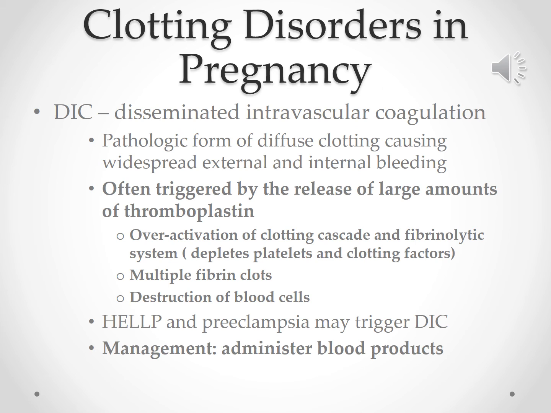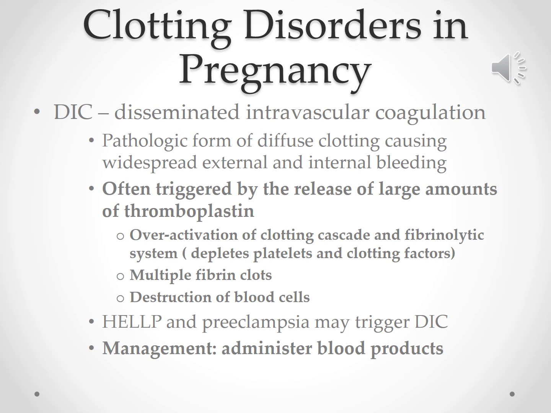The multiple fibrin clots that are formed strangulate the red blood cells as they try to get through the fibrin-choked vessels, so you have destruction of the red blood cells, and you have the hypoxia that occurs. So clinically, what you see with DIC is clotting, bleeding, and ischemia.